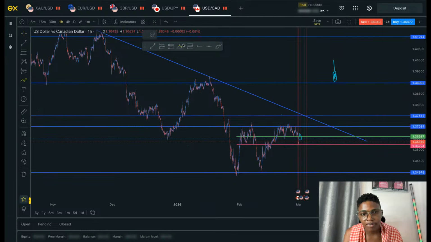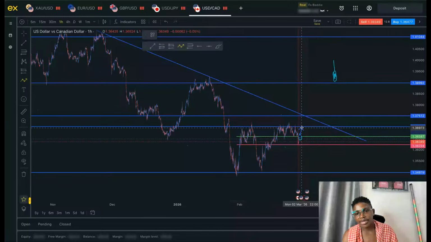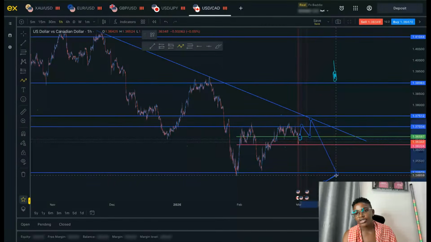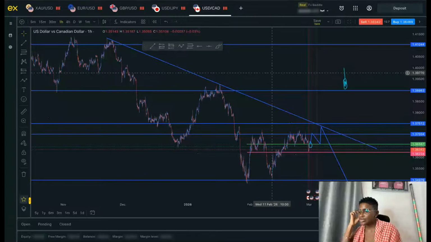Another analysis here, let's use path. Assuming that price buys, gets here, retests again, it can actually move like that. The market can actually move on Mondays, right?